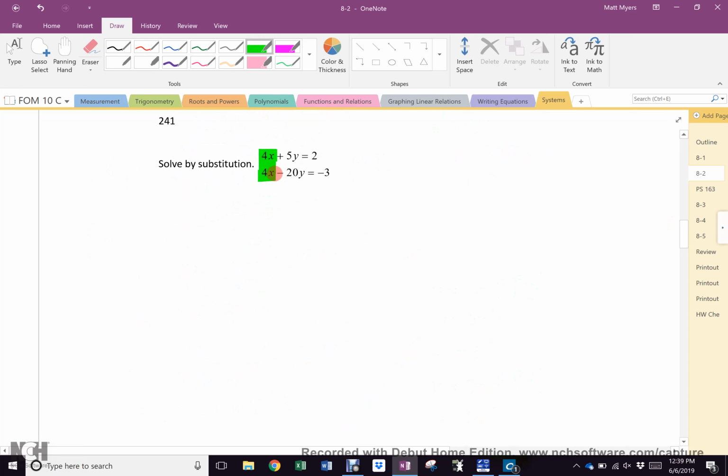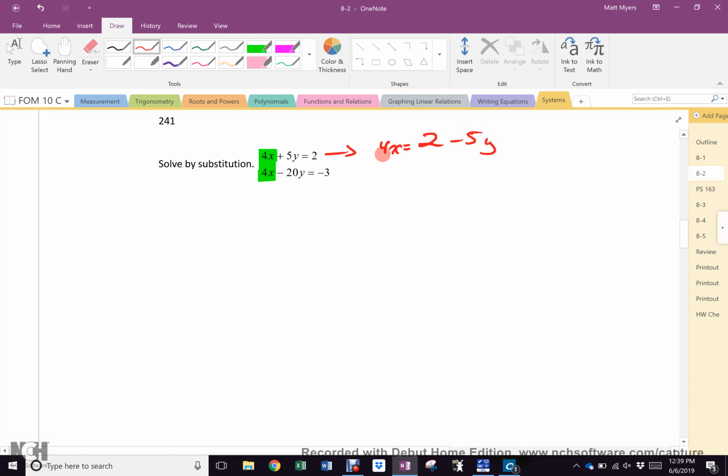Okay. So if we were going to isolate just x, we would move this y, wouldn't we? Everyone agrees? Okay. So let's do that first step. We're going to move that y. 4x equals 2 minus 5y. Is everybody okay with that? Everybody that had their hand up, cool with that step?